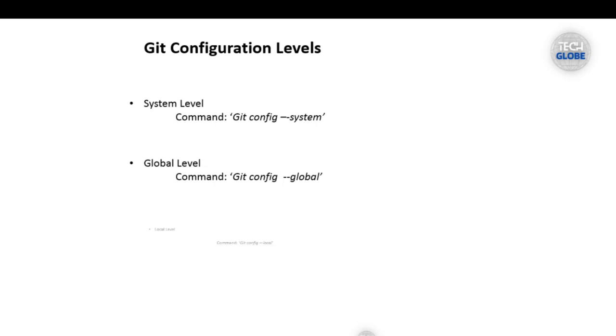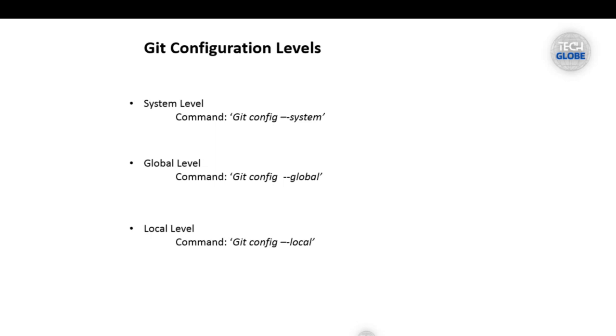Then lastly, you have the local level. For the local level, you use the command git config --local, and this configuration is available for the current repository only.